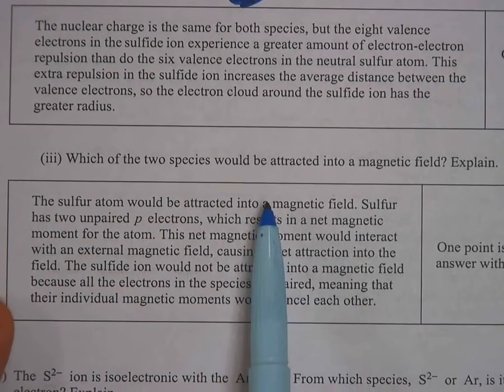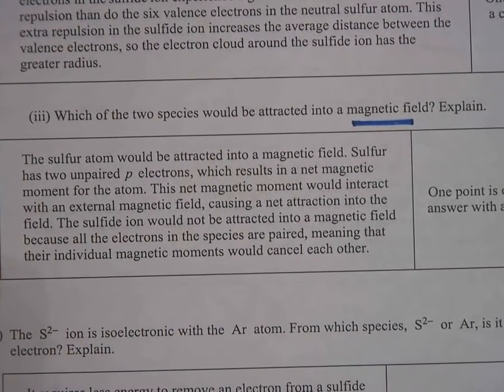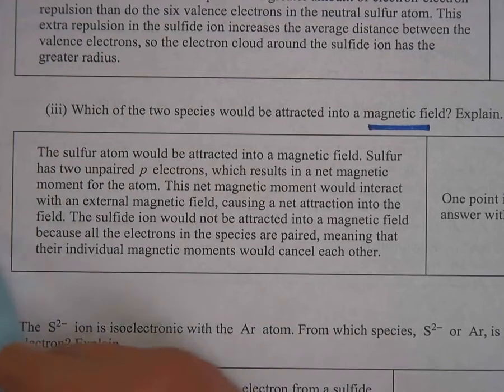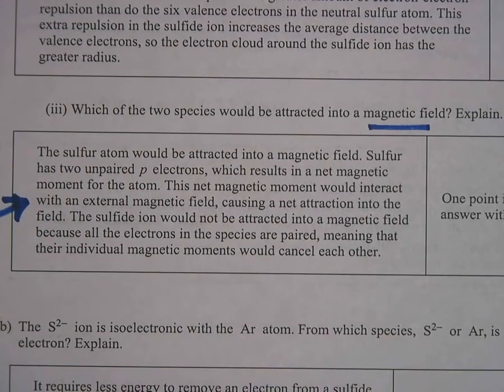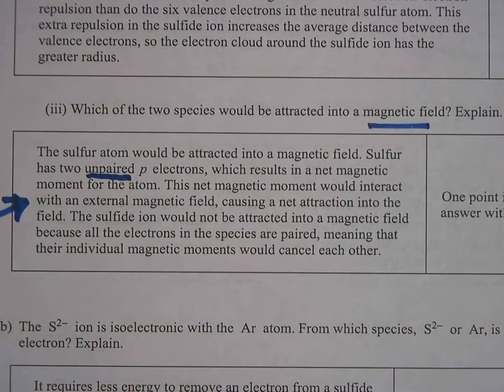Which of these 2 species would be attracted into a magnetic field? This one has to do with paired and unpaired electrons, being paramagnetic or diamagnetic. Let's read their answer. The sulfur atom would be attracted into a magnetic field. Sulfur has 2 unpaired p electrons. Remember, if they're unpaired, they're attracted into a magnetic field.